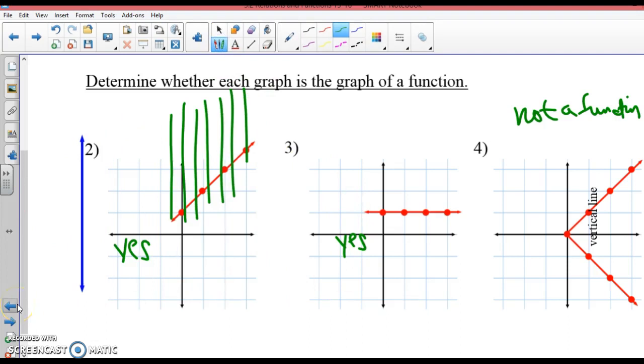Look here, guys. If I use these 2 points, this point right here is x is 1, y is 1. This point right here, x is 1, y is -1. If points are right on top of each other, don't they have the same x value? So it fails the vertical line test. All right.